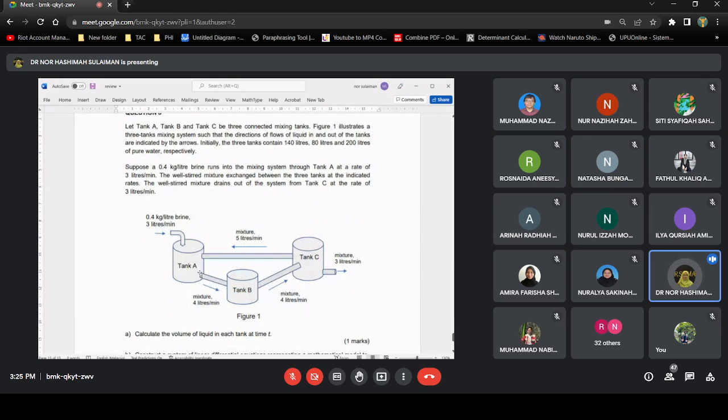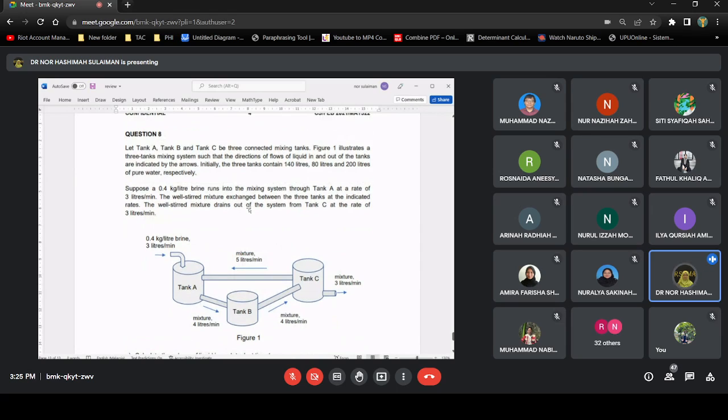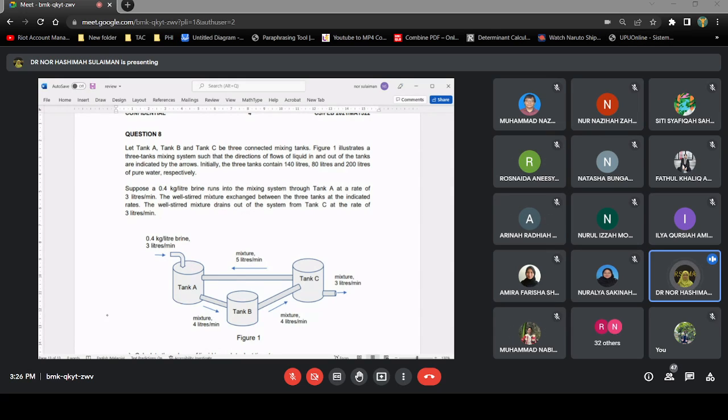Right, kita ada 3 tank. Tank A, tengok dia dah bagi dah kat sini maklumatnya. Dia dah lukiskan siap-siap. Okay. So figure 1 illustrate the 3 tanks mixing system. The direction of flows are indicated by the arrows. Initially tank A contains 140 liters, so you tuliskan 140 liters, and here it contains 80 liters and 200 liters.